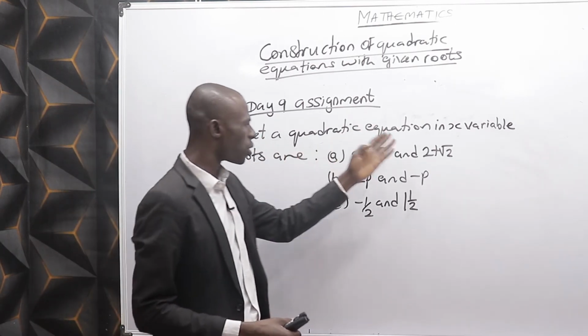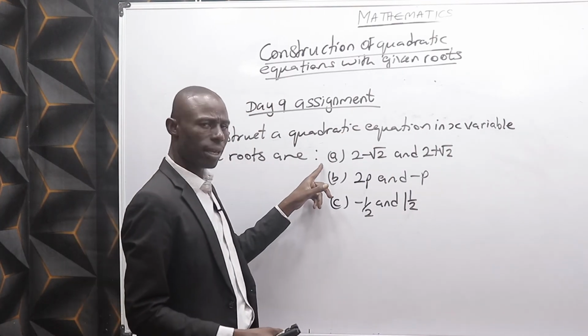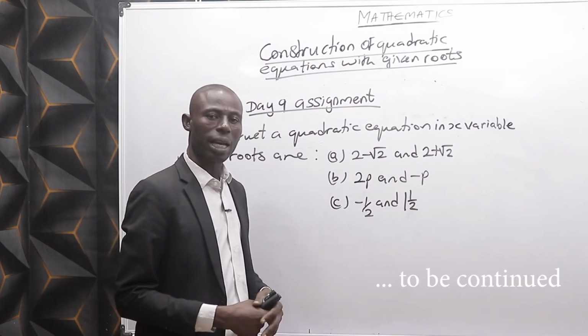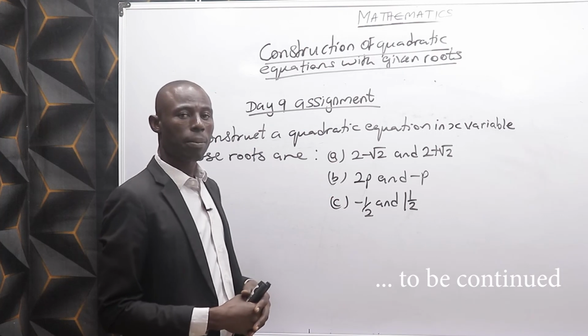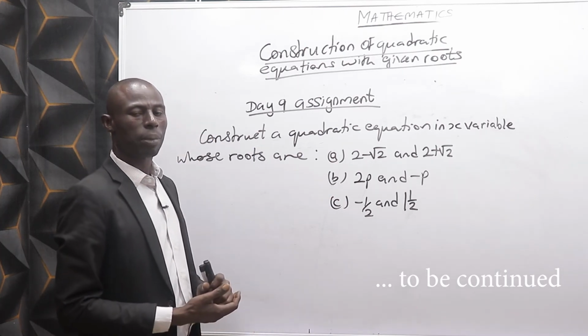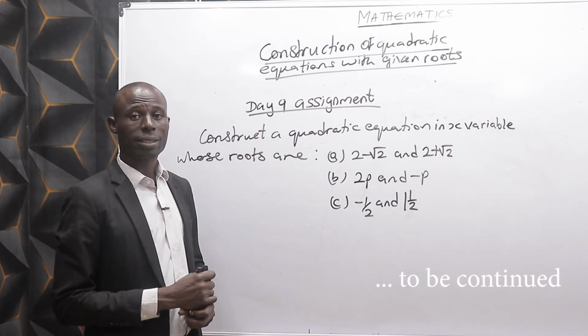Construct a quadratic equation in x variable whose roots are A, 2 minus root 2 and 2 plus root 2, B, 2p and minus p, C, minus half and 1.5. Please try your hands on them until we meet in the next class.